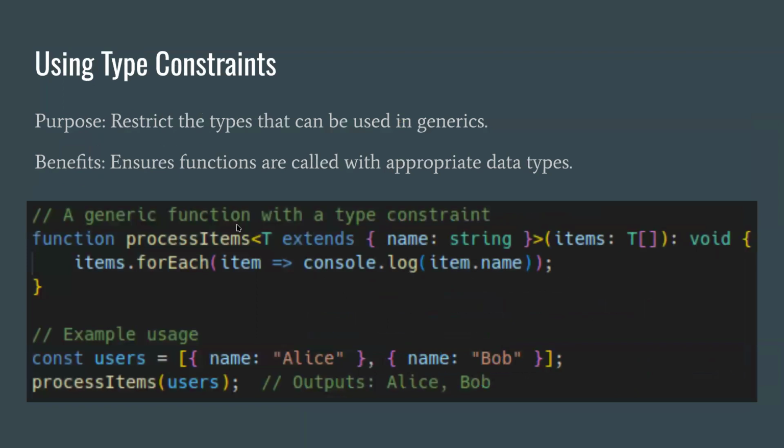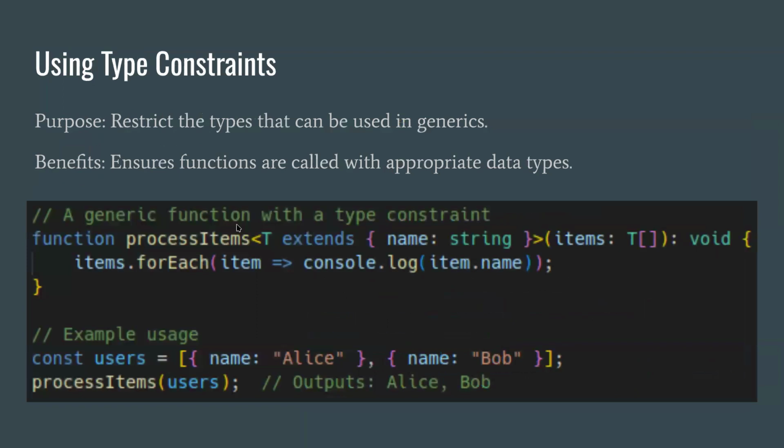Using type constraints. Sometimes we need more control over the types used with generics, and type constraints allow us to specify that a type parameter must extend a certain type.